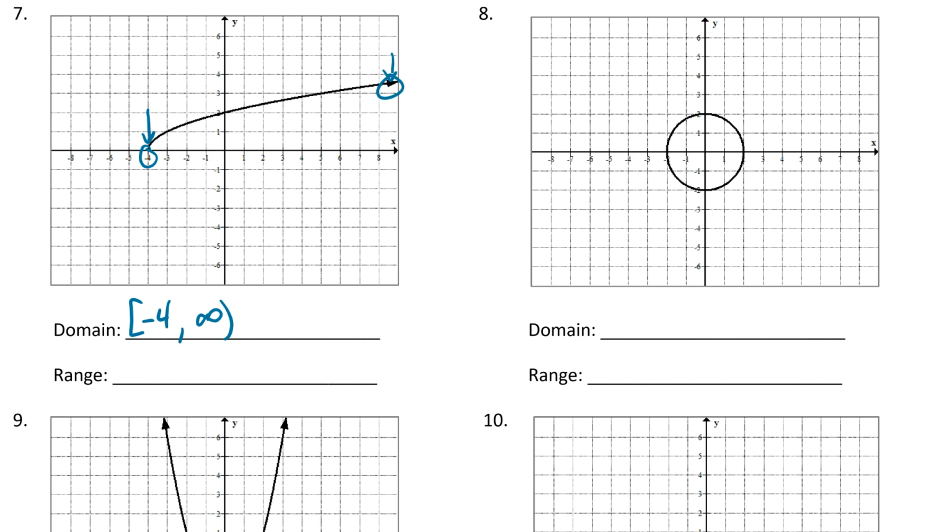Alright, now the range. So for range, the bottom point is at 0. So that's 0. The topmost point, again, is an arrow. So positive infinity.